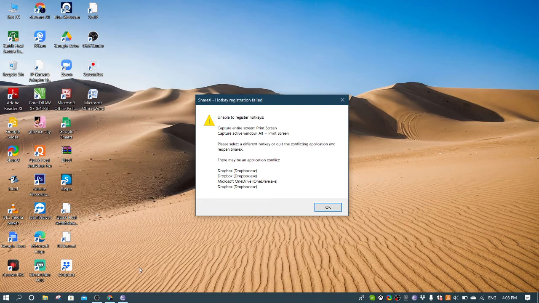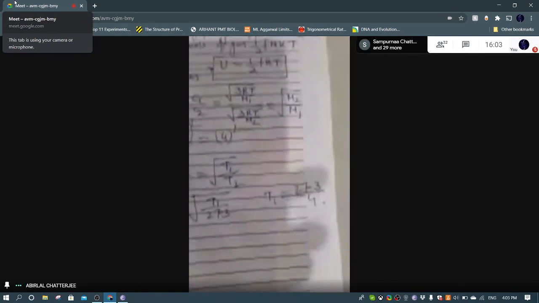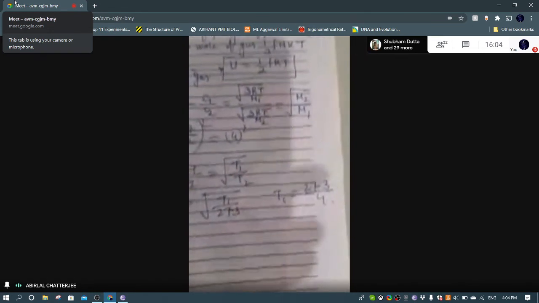Now c1 is half that of c2, so half equals root over t1 by t2, where t2 is 273. So t1 equals 273 by 4. Okay, understood? Yes sir, 68.25 is coming.